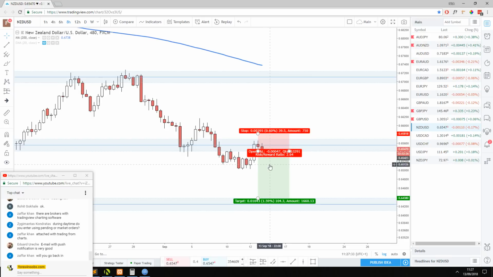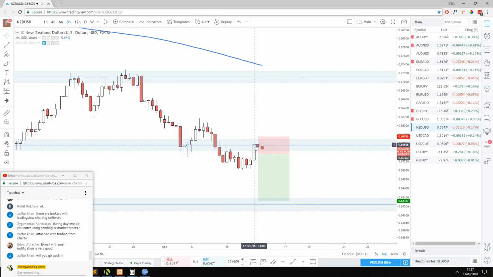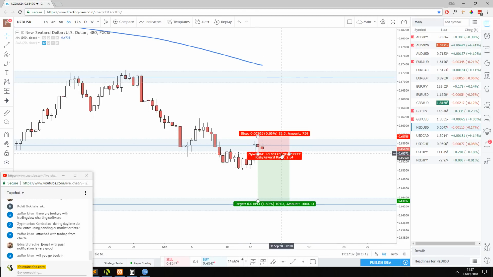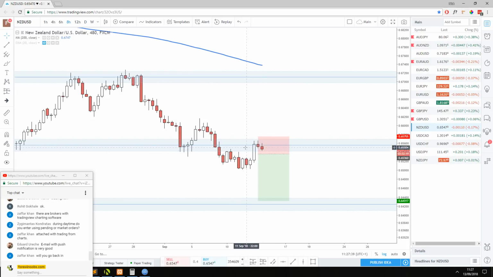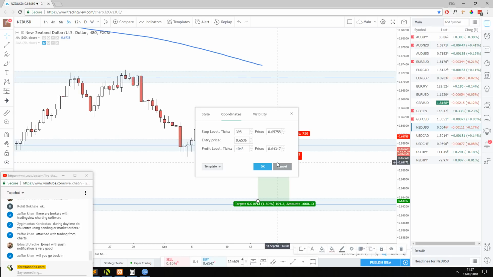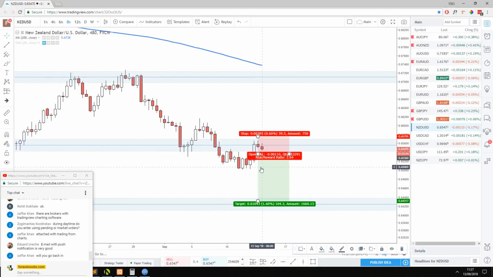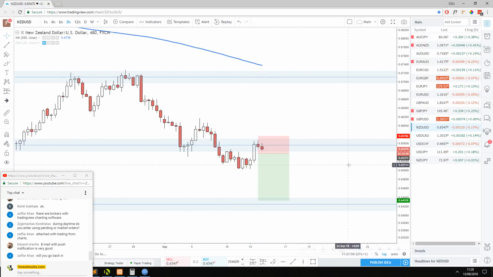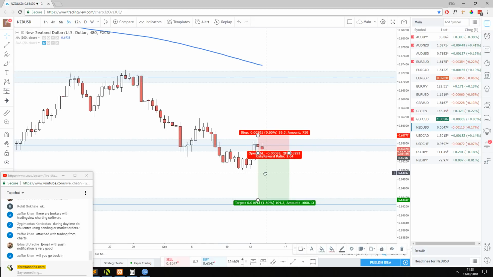I'm definitely considering widening that entry because I think my entry might be a bit too tight. I haven't done proper risk analysis on this one yet. I haven't gone through my process to decide where I'm going to place my entry, where I'm going to place my stop loss. I pretty much just threw this tool on before the webinar, but I think there's a good chance I'm going to widen that entry, push it a bit lower.